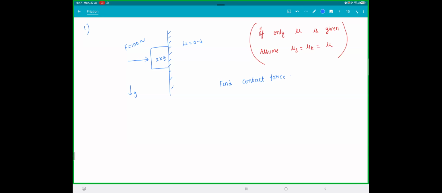Find the contact force. Any answers? You can type in the chat box with the co-host here.